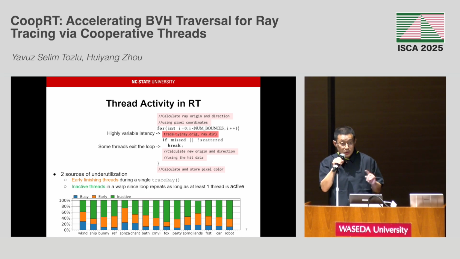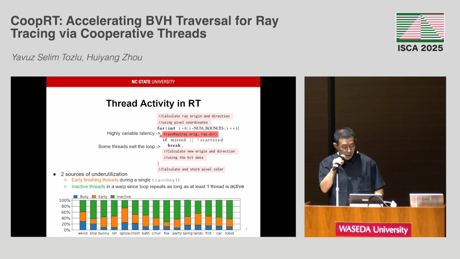So that's one source of the divergence. What we see here is, when we have this trace ray operation, different threads within a warp will experience quite different latency of that operation.